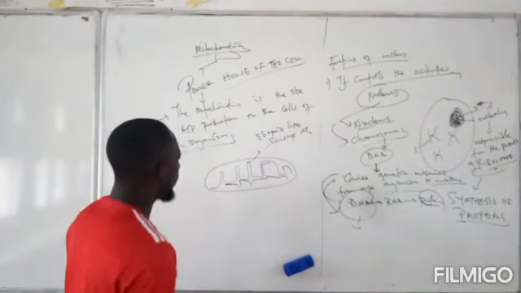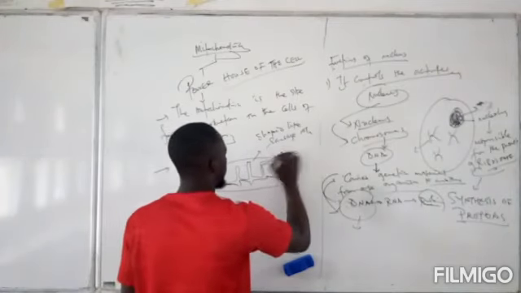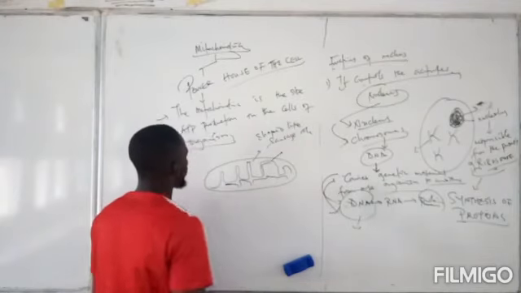Now, the mitochondria has an outer part and also an inner part.